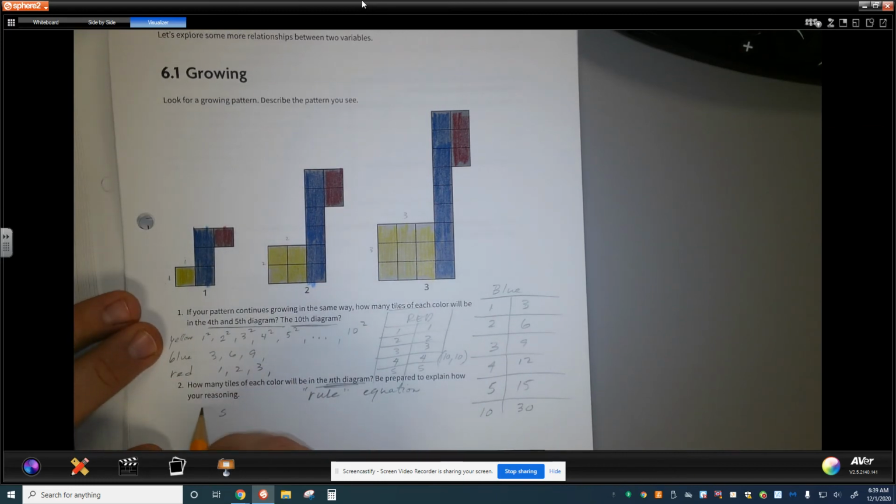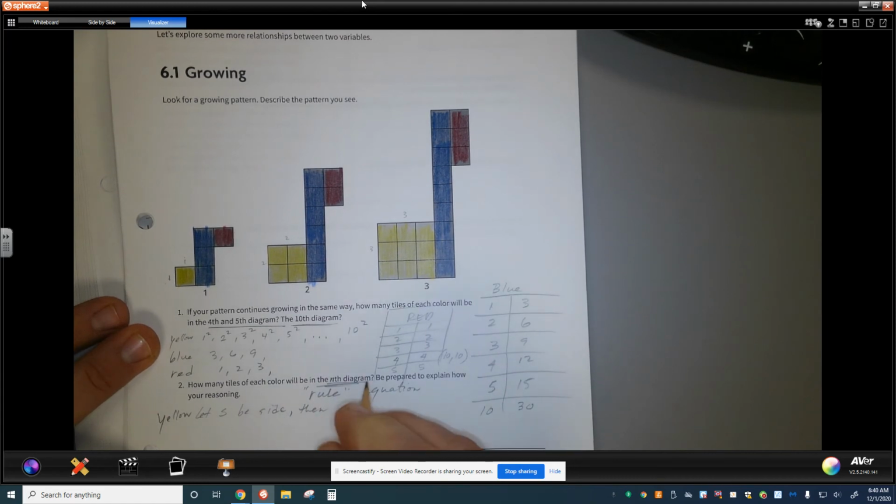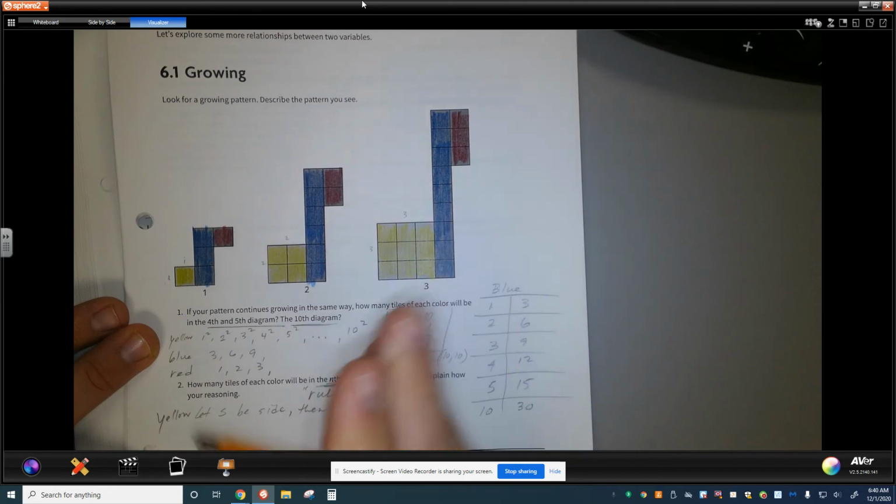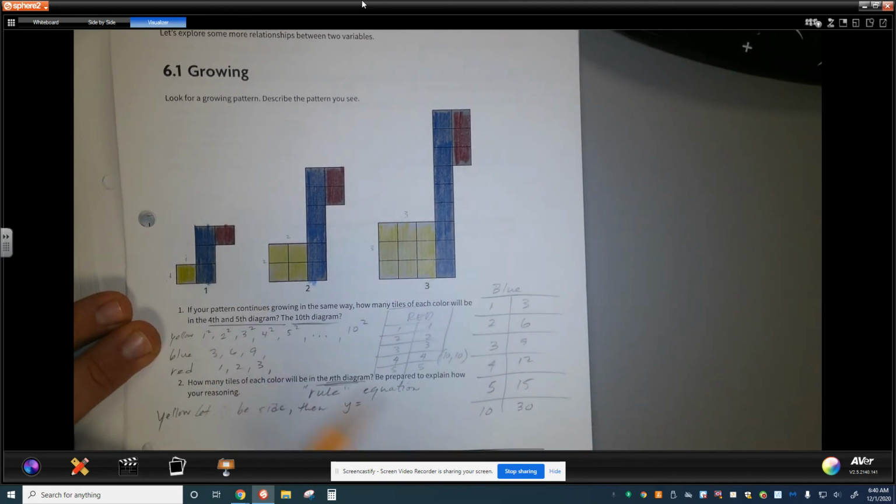So if we said let S be side length, so this is for yellow, let S be side length, then y equals, actually maybe we'll make that an x just so we're consistent. Then y equals x squared.